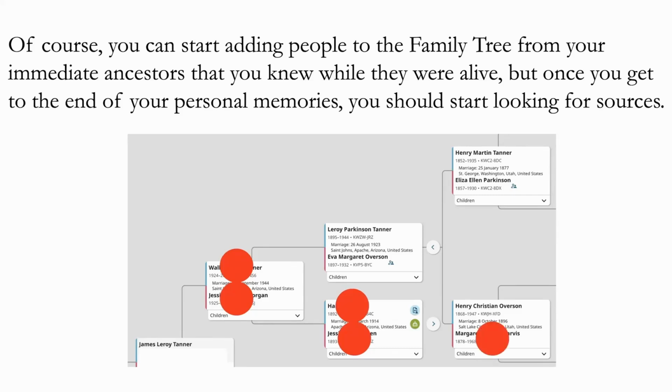Now, the other people in this immediate part of the family tree were people who died before I was born. And so I had no contact with these people whatsoever. Basically, that means that I needed to do research on my grandfather and my grandmother on my paternal side.